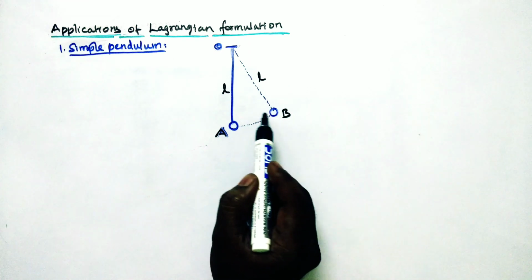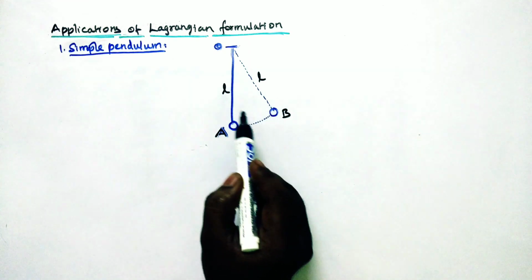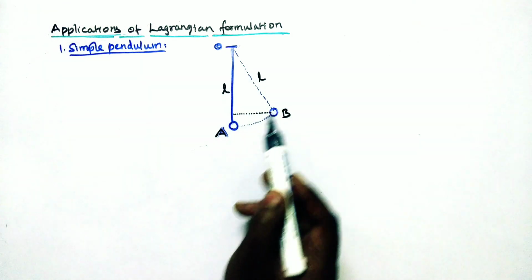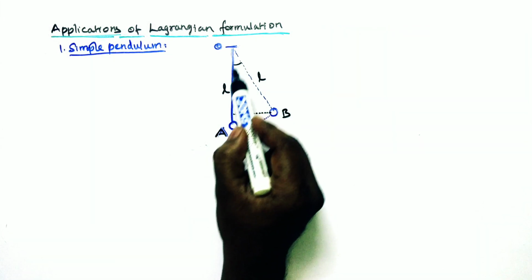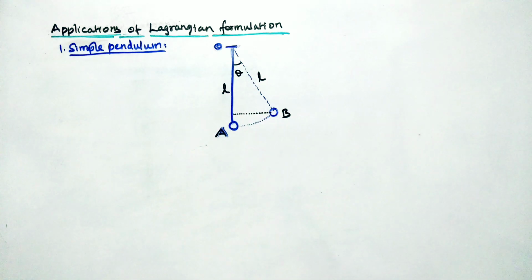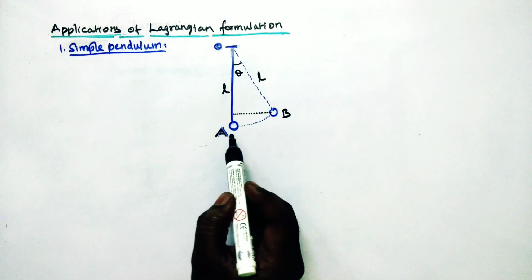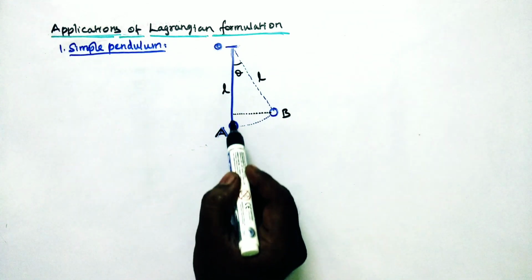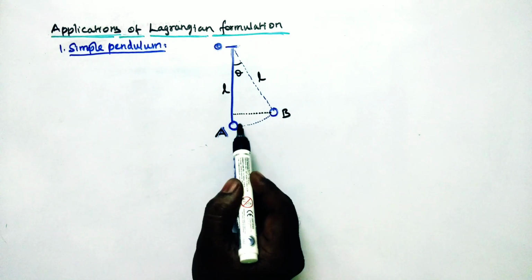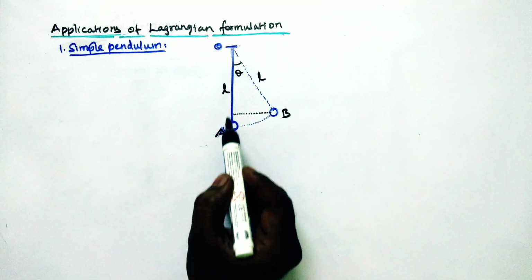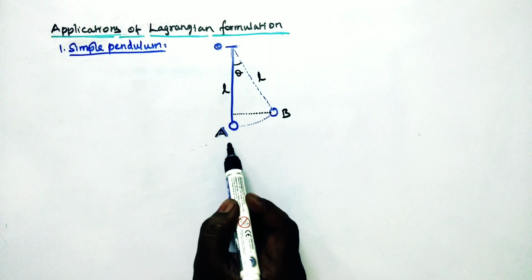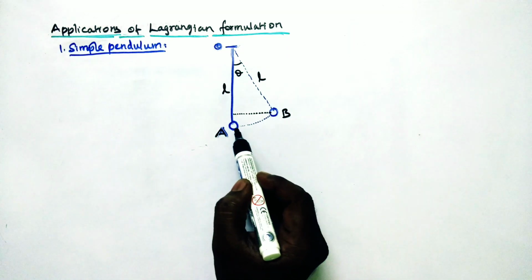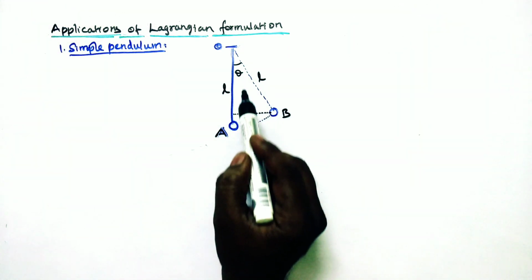We can draw a line from B to OA. Then here we put theta. So whenever a pendulum moves from its original position, or rest position, or static equilibrium position, from A to B, it makes an angle theta.